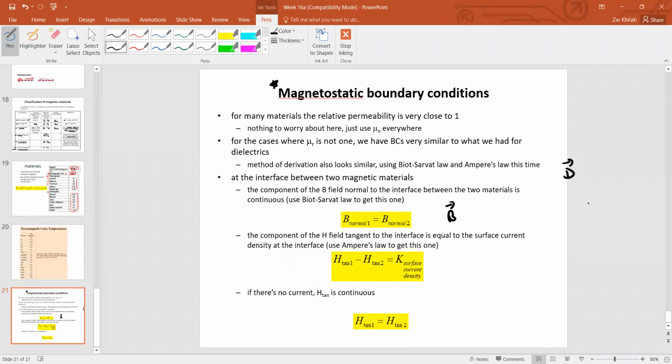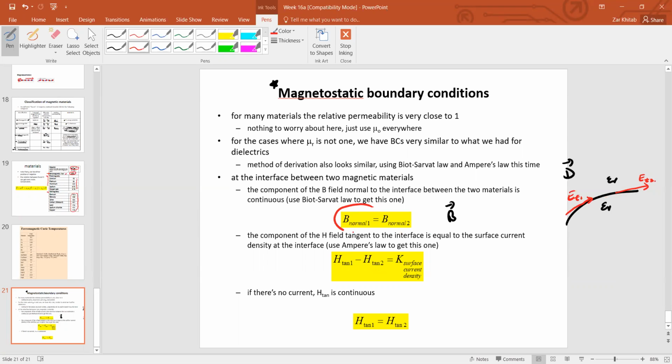You remember when you have dielectric 1 and dielectric 2, at the boundary between the two, the tangential component, E tangential 1, was equal to E tangential 2. Okay.